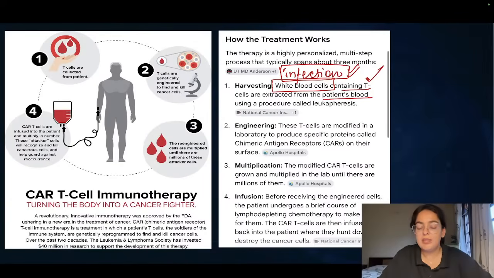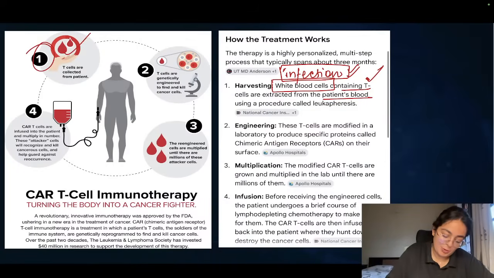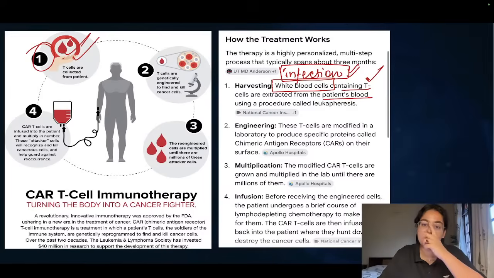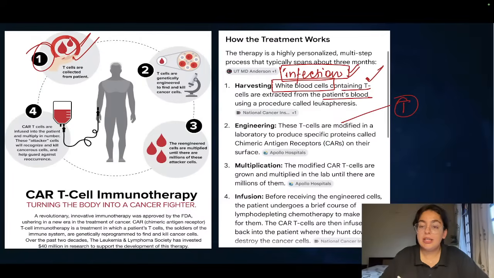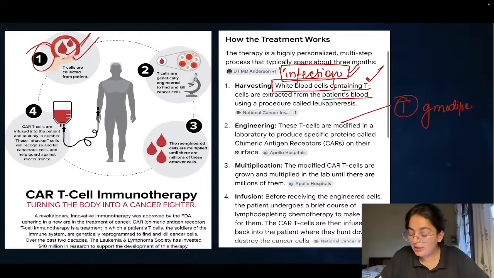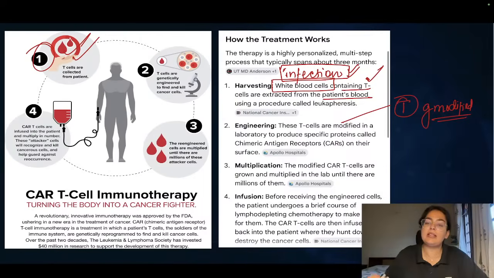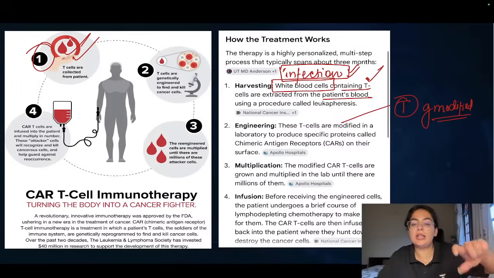They are extracted. The procedure you do not really need to know, but this is the first procedure of the CAR T cell therapy. Now these T cells that are extracted, these are genetically modified. That means there is a biotechnology function used in this therapy. They are modified in such a way that now they can, after they are introduced in the body, they can fight cancer cells.